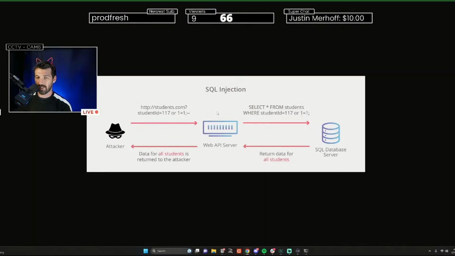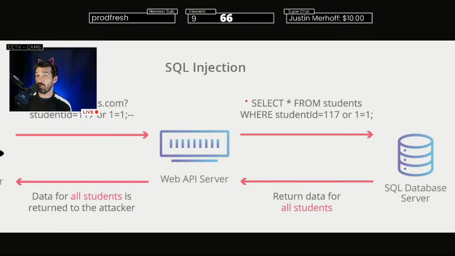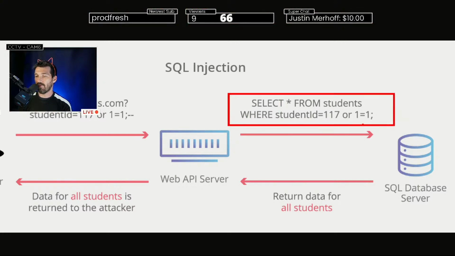All right, hold on. Let me clean this up. By the way, update is a way to write data to a database. So you could have this whole statement right here, and then, instead of having or 1 equals 1, you could add the semicolon, which says end of that statement. Then you could add another entire SQL command that says update account balance, where student ID equals 117, balance equals $0.